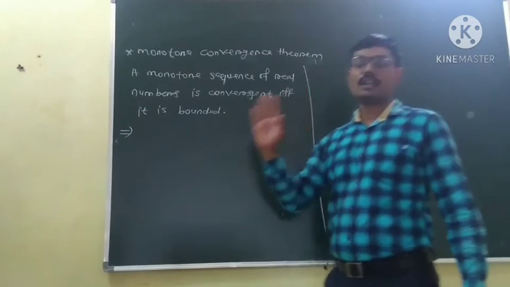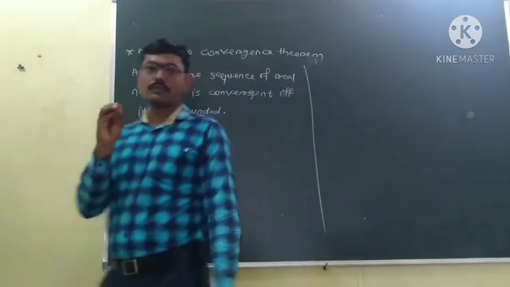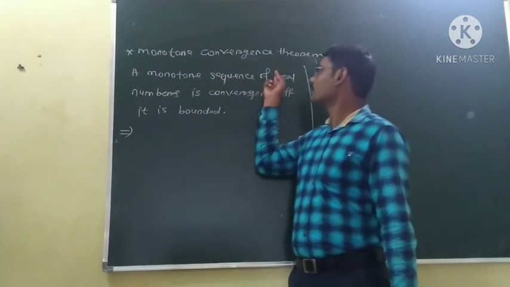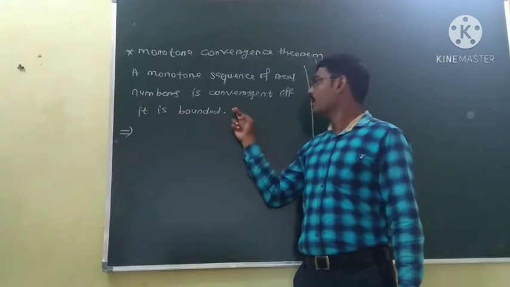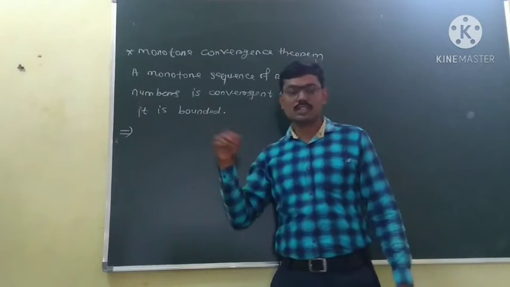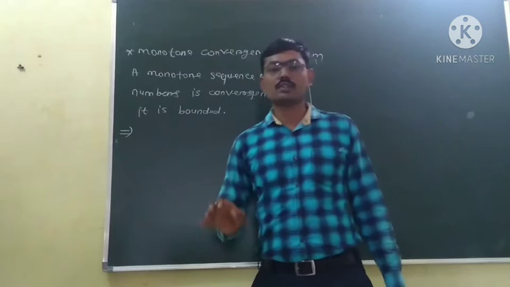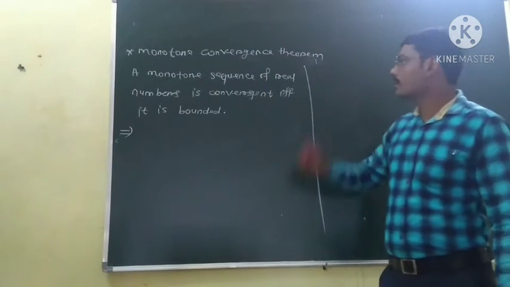This is one criterion for a sequence to be convergent. In simple words, a monotone sequence which is bounded is always convergent. We will see the proof of this theorem.